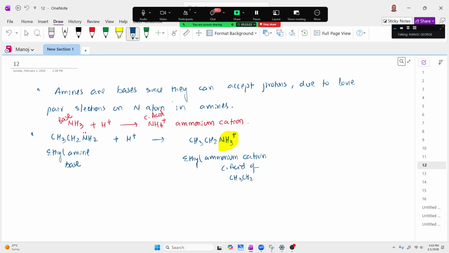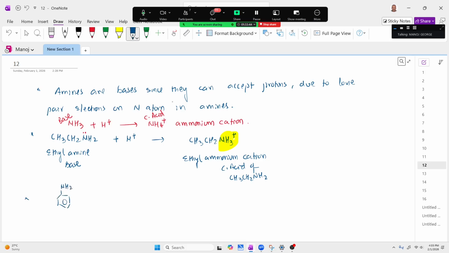Did you see the connection between this and what I'm teaching? The ammonium cation is the conjugate acid of ammonia, so the ethylammonium cation is also the conjugate acid of ethylamine. Everyone's okay? Comfortable? So I can give you anything, even something with benzene.